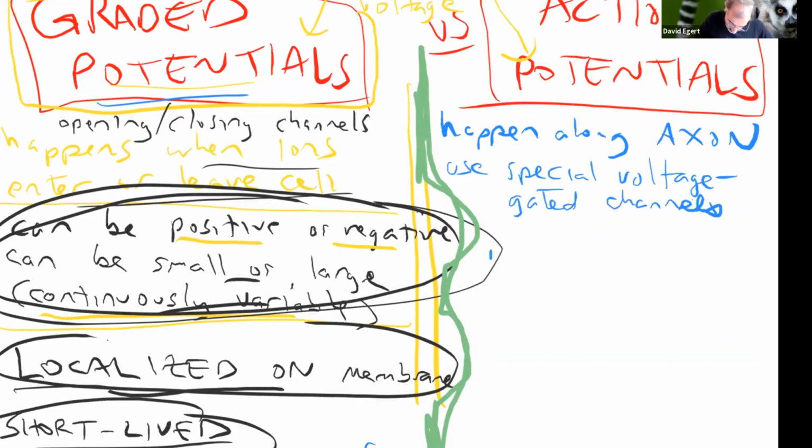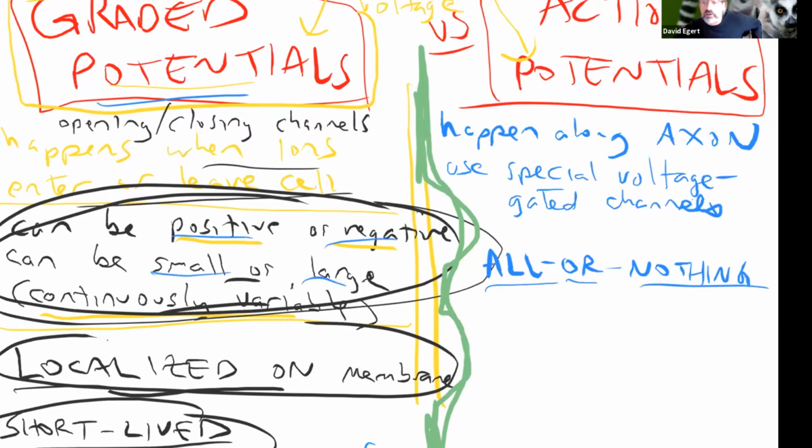These are all or nothing. There's no positive or negative. There's no small or large. They're either going or they're not. A good simile is, it's kind of like lighting a fuse.